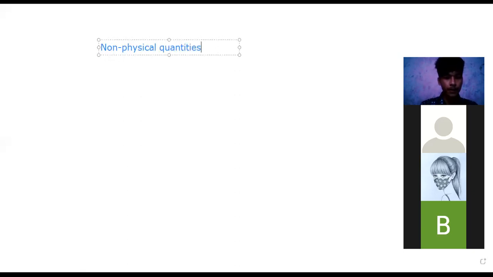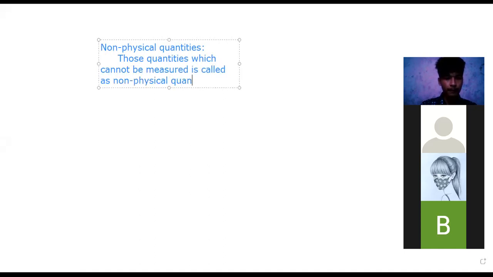Non-physical quantities. Those quantities which cannot be measured are called non-physical quantities.